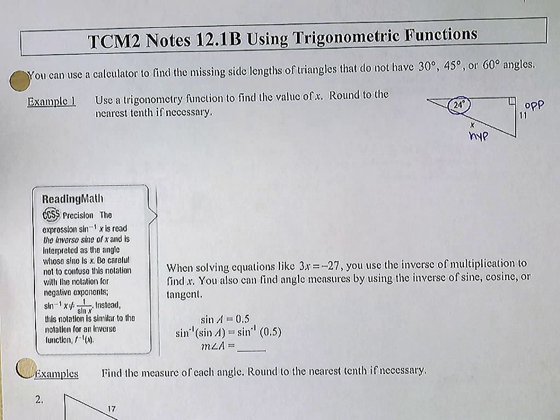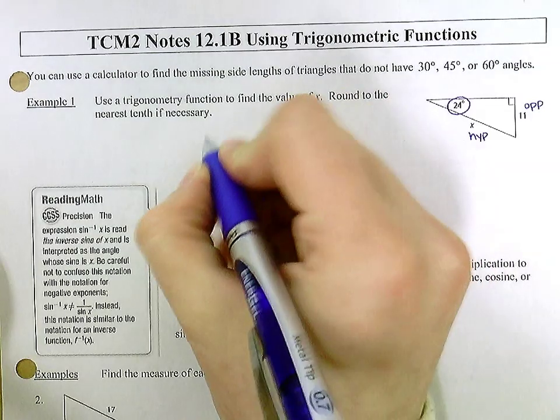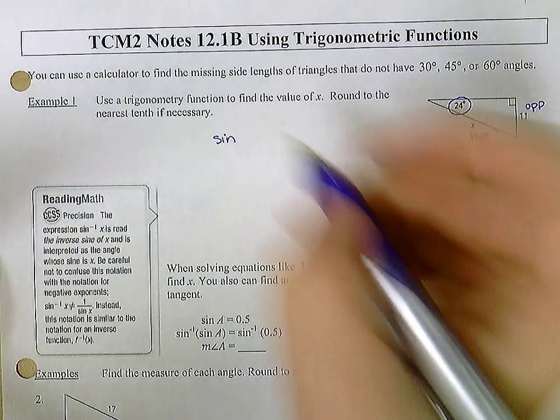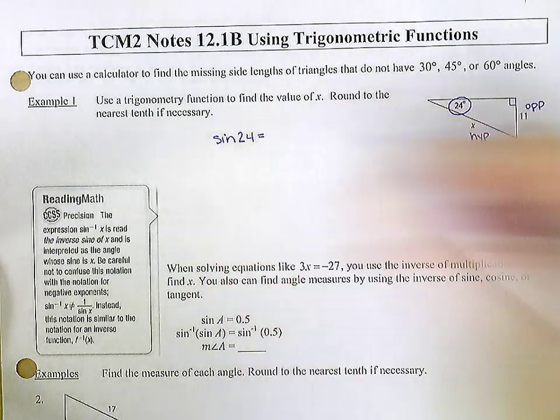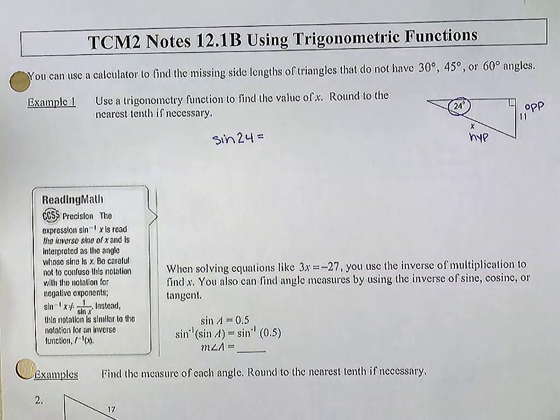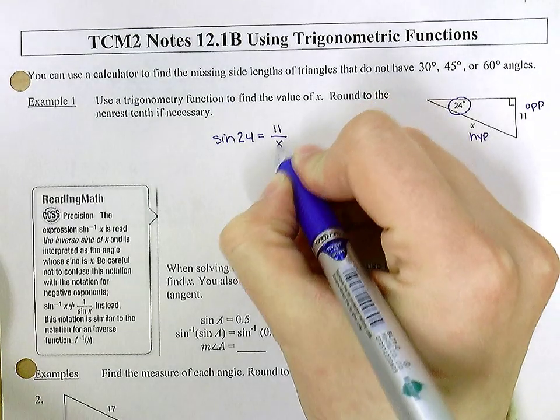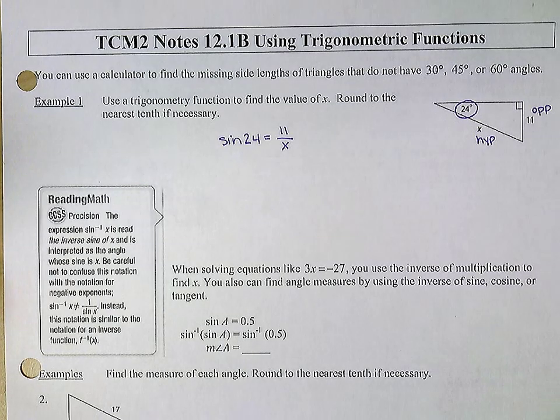Do you remember which trig function that is? Sine. Okay, so I'm going to take sine of the angle I went from, which is 24. Okay, that's equal to your ratio of O over H. So 11 over x. Okay, and we want to solve for x.